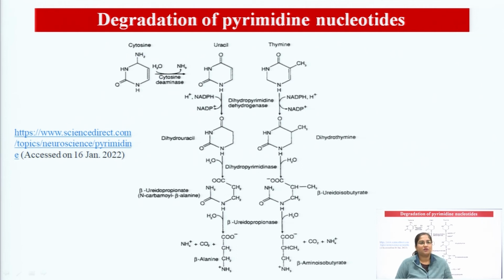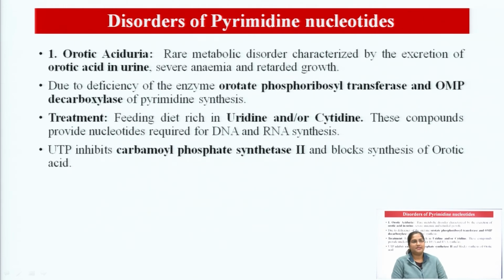The end products are beta alanine and beta amino isobutyrate, which ultimately produce acetyl coenzyme A and succinyl coenzyme A. So, we need to look after these 4 compounds, especially beta alanine and beta amino isobutyrate.